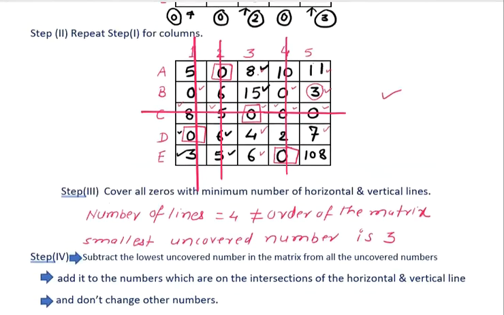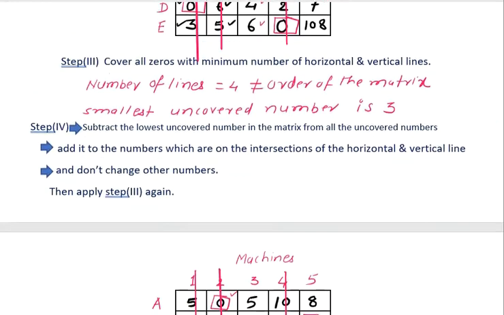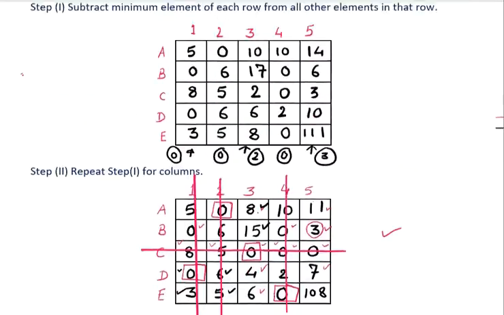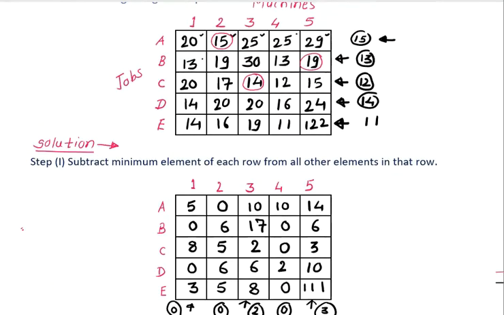Then job D is assigned to machine 1 and the cost is C41. C41 is 14.